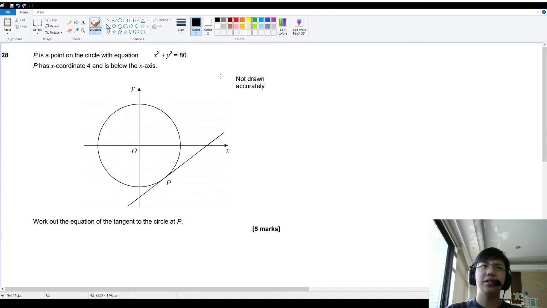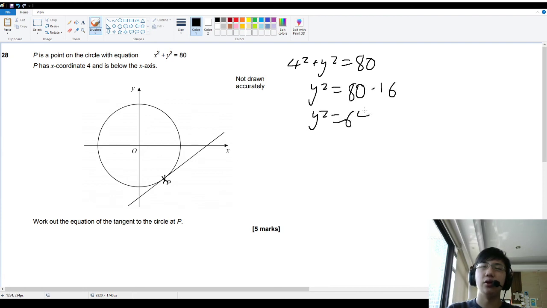The first step is to substitute x with 4 in this equation since the x coordinate is 4 for point P. So 4 squared plus y squared equals 80. So y squared equals 80 minus 16. Y squared equals 64. And 64 is 8 squared.